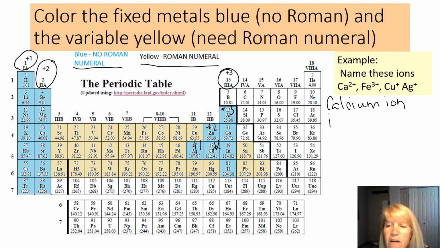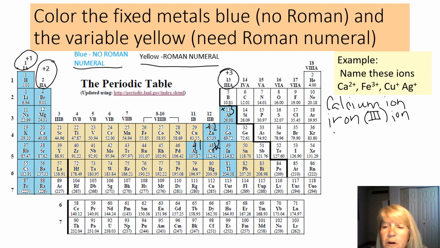Now iron, that's one you don't know what charge it's going to be. So since it's 3, we're going to put a Roman numeral of 3, iron ion. Notice calcium's blue, it doesn't get a Roman numeral. Iron is yellow, we give it a Roman numeral. Because if I just said iron ion, you wouldn't know its charge. You can't tell from the periodic table.